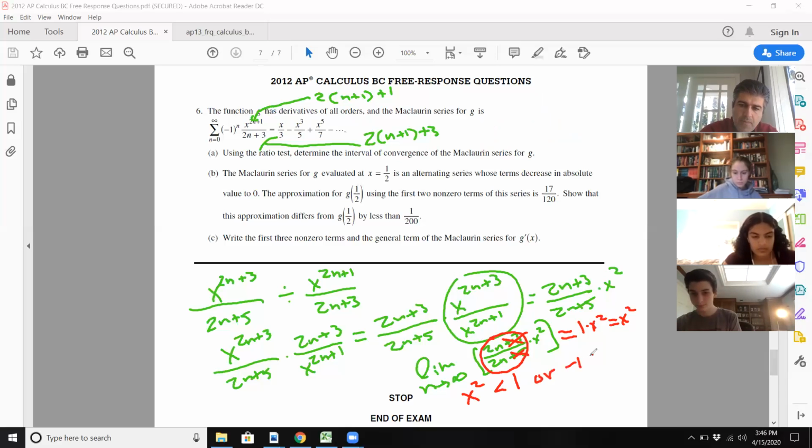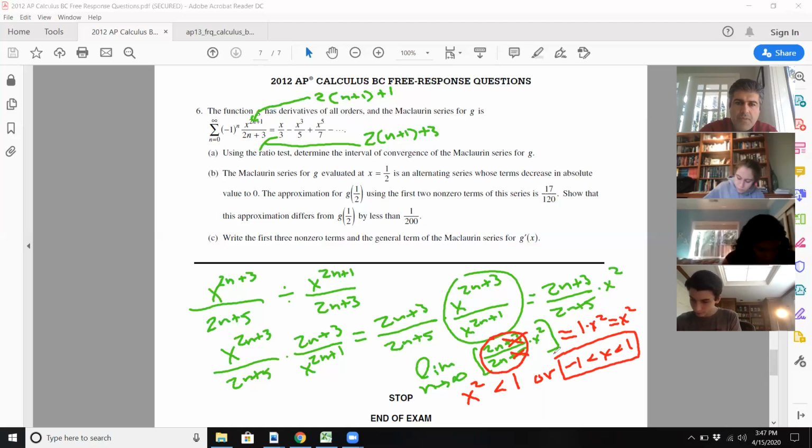So you get that, and that's going to be your interval of convergence.